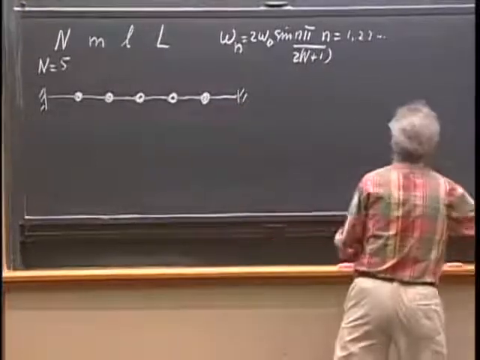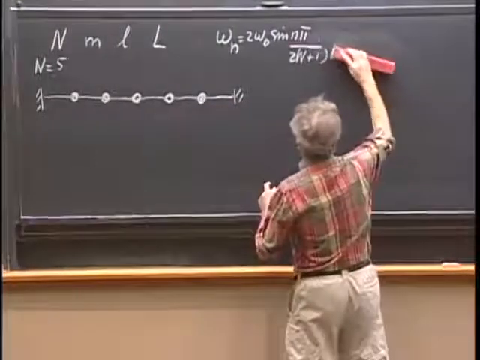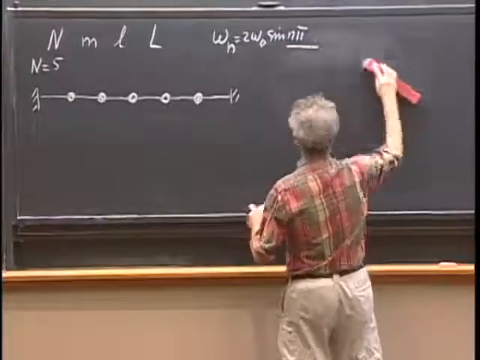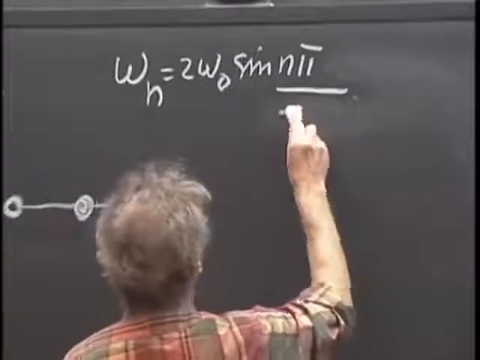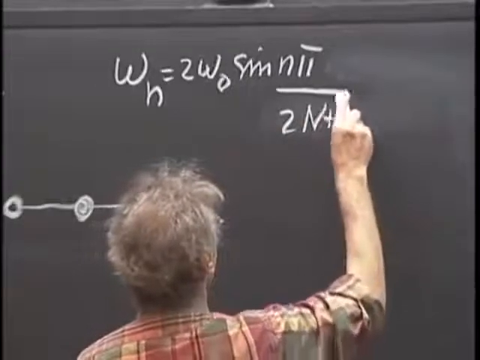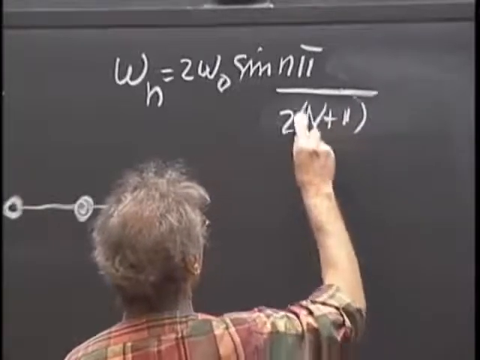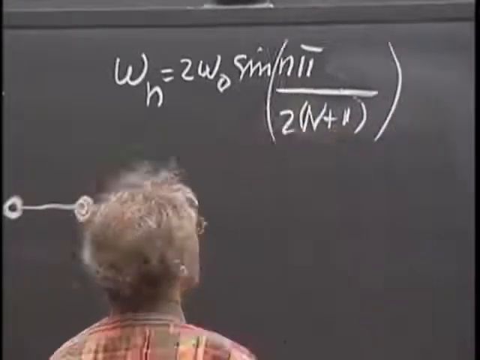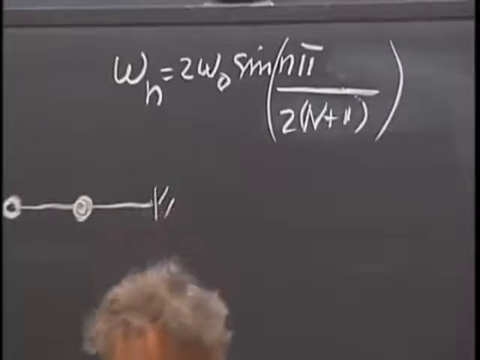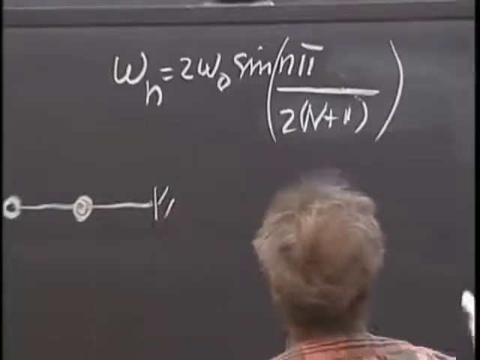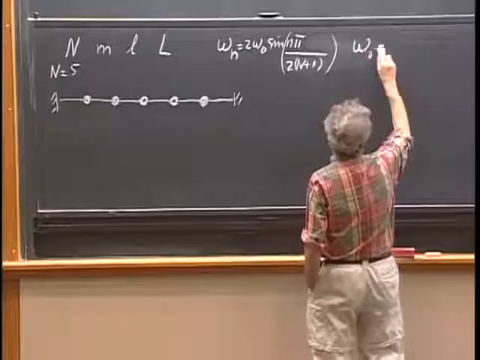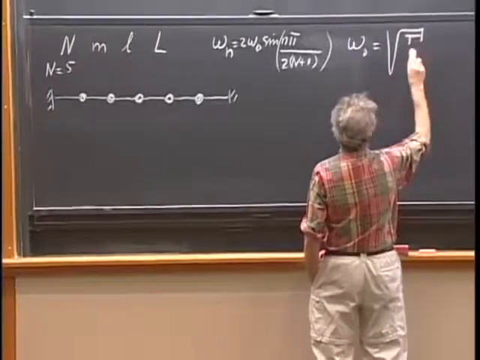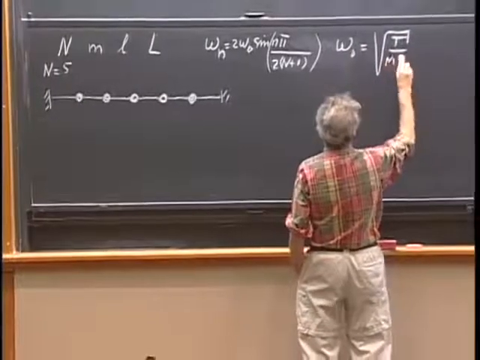I certainly don't remember it. But this is something that today I will need. Omega 0 was the square root of T divided by m L.